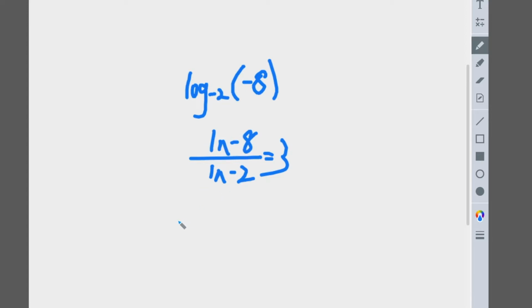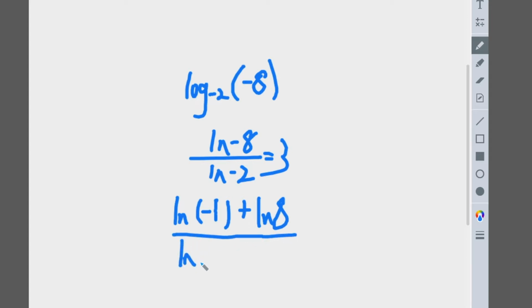Natural log of -8 can be rewritten as natural log of -1 times 8. This can be further rewritten as natural log of -1 plus the natural log of 8. And we can do the same thing for the bottom portion: natural log of -1 plus natural log of 2.